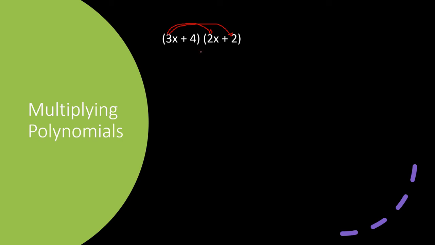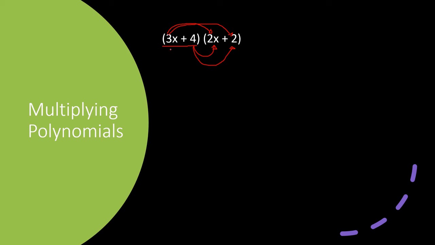And once I'm done, this second term in here, I'm going to multiply it times the first term of the second binomial. And then the same term at the end, multiply it times the last term on this binomial. Very nice. So let us go ahead and do this first part in here.